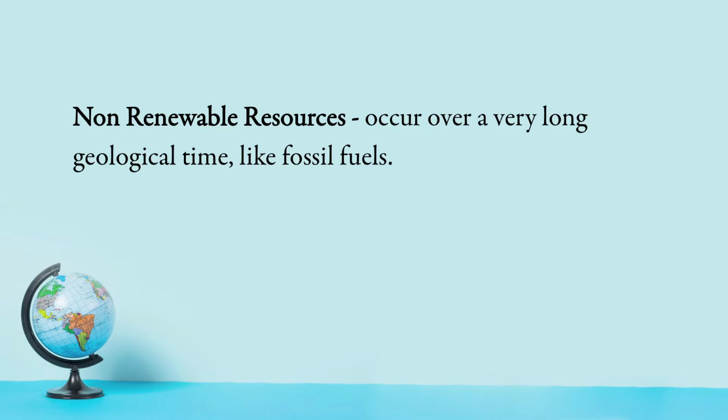Non-renewable resources are non-replenishable resources. They take a long time to occur, millions of years to form. Do you know that some resources like metals are recyclable, while fossil fuels are not recyclable? Once consumed, they get exhausted.